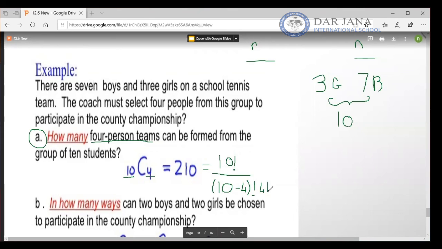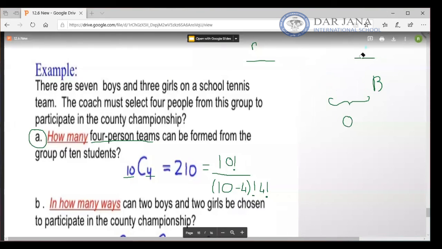The next question, you're going to see that we changed the concept of the question. He specified how many boys and how many girls he wants. Let's check. Let me put this one here again.